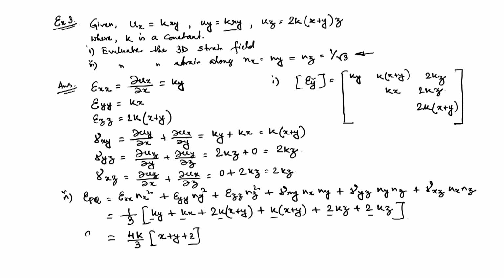So, that is the epsilon pq. Okay. So, you have seen how we can use the strain in 3D to solve some problem. So, the moment we start with the displacement field, we can easily find out different components of strain. Of course, we have considered linear variation.